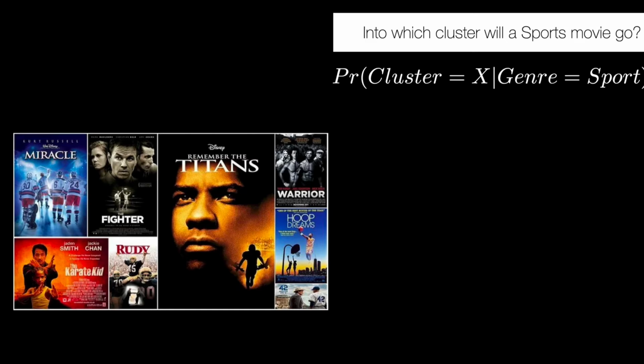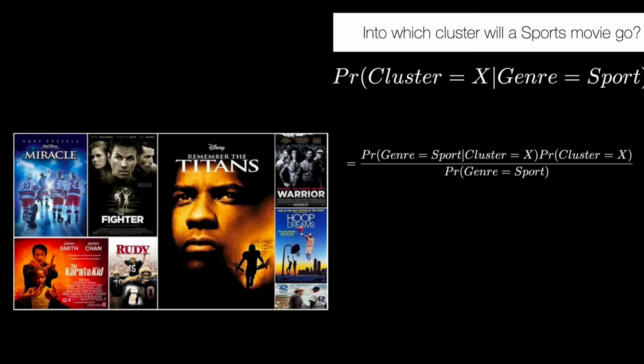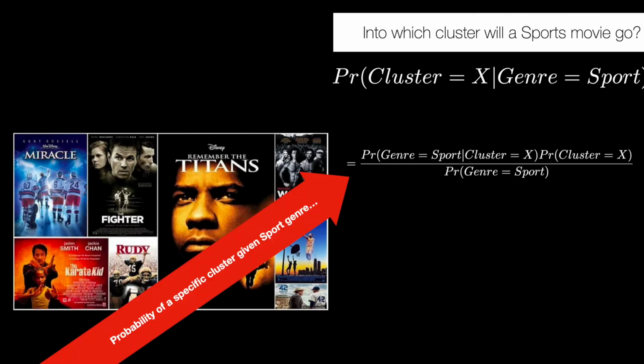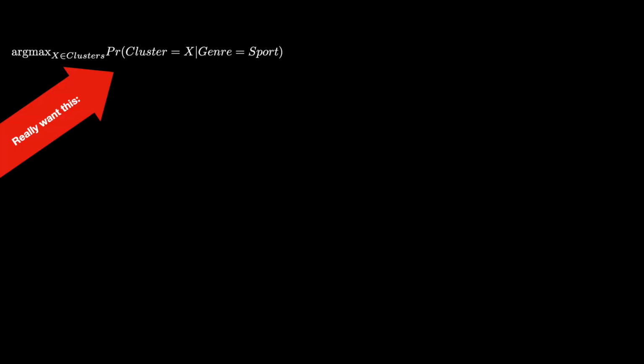We talked about how, if we have clustered all of our movies based on user ratings, and we want to evaluate, given the genre sport, which cluster a particular movie is going to go into, we looked at the math for how you calculate the probability of a movie being in a particular cluster given that its genre is sport. To identify the most probable cluster, we maximize this probability over all of the clusters in our data set.